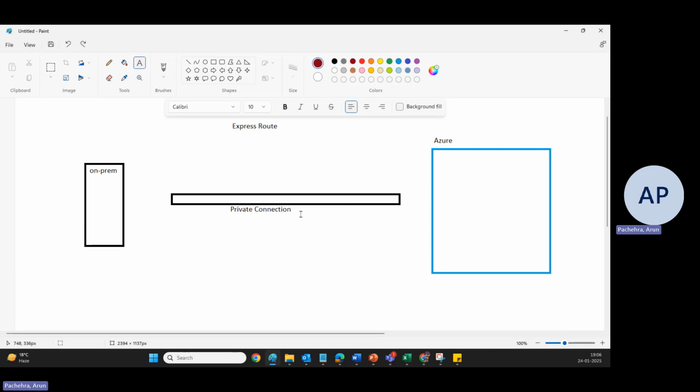ExpressRoute helps you connect your on-premises to Azure through a private dedicated line. With ExpressRoute, you can establish connections to not just Azure, but various Microsoft cloud services such as Microsoft 365 as well, along with Azure, of course.